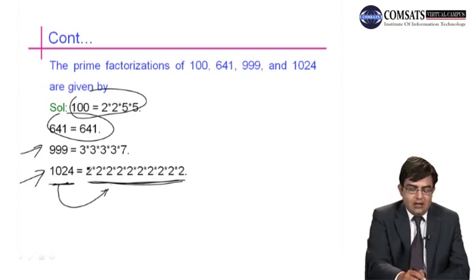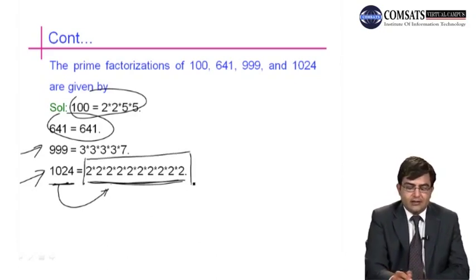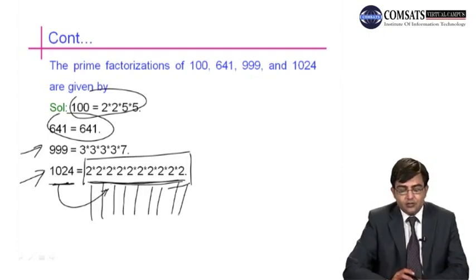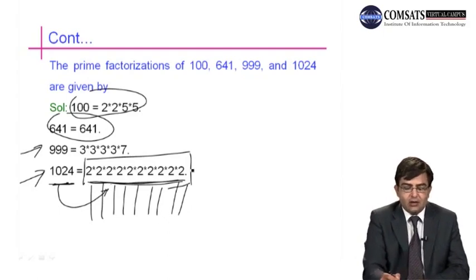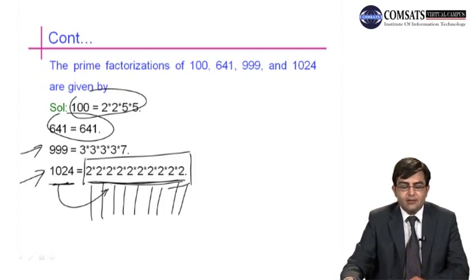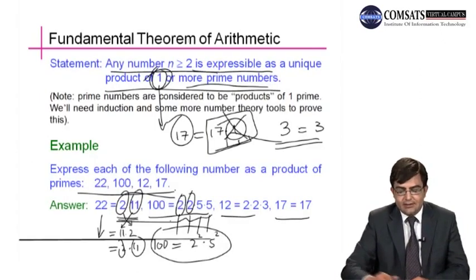As I told you earlier, the prime numbers can be repeated, but we cannot write here a composite number or 1. So every number has a unique expression as a product of prime numbers. This is the fundamental theorem of arithmetic.